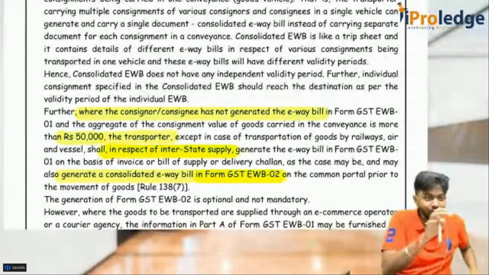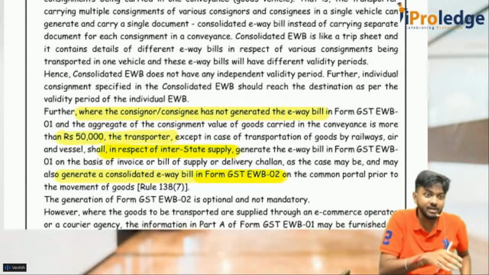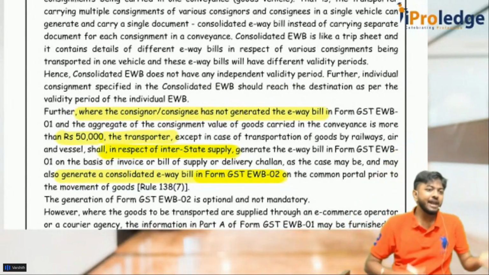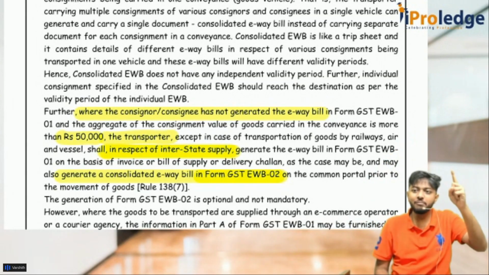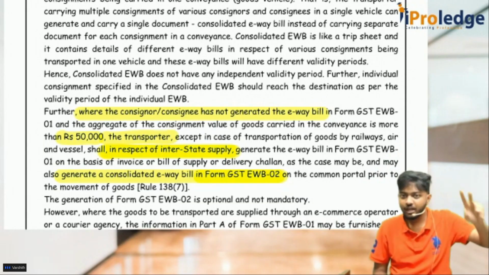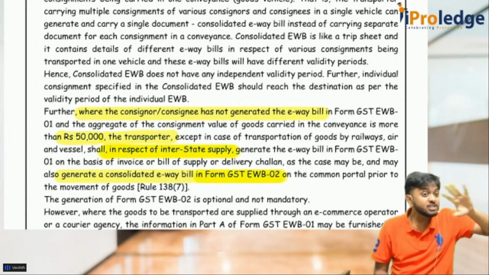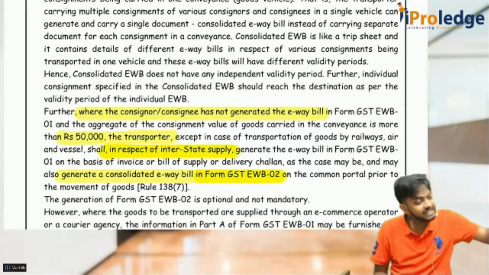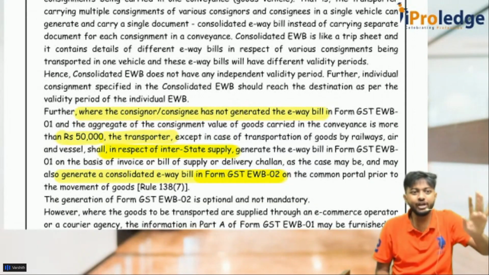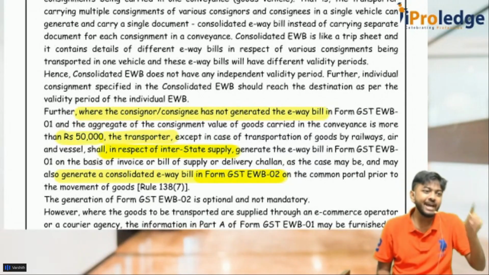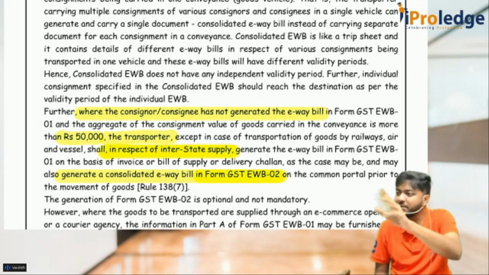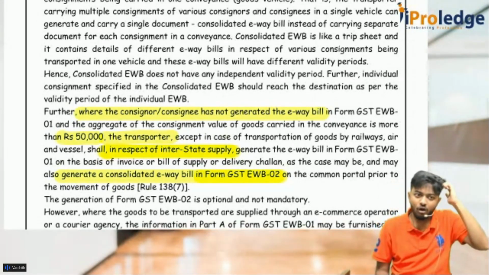In EWB01, information should be given for all the consignments. But while carrying, he cannot carry all the e-way bills. So he can carry one consolidated e-way bill in EWB02. You're understanding? I'm not telling you that you're not supposed to generate. Transporter is supposed to generate. He has to give all the details in EWB01. But the only thing is, no need to carry all the e-way bills. He can carry one consolidated e-way bill. That is the benefit I'm giving. Clear, all of you?